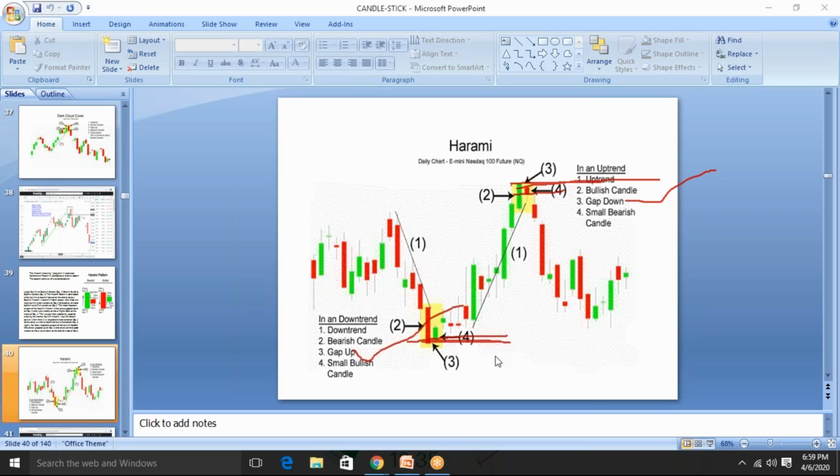How do we take the trade? One confirmation candle is always good for taking our trades. Suppose this is the confirmation candle, so you can take your buy position above this candle.